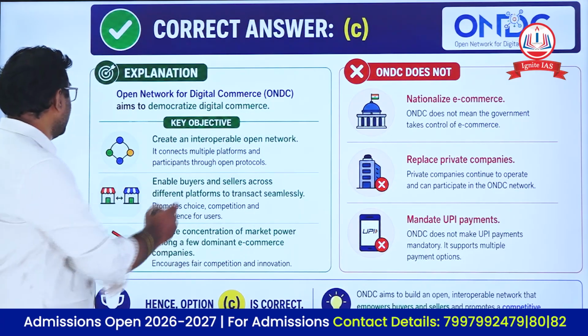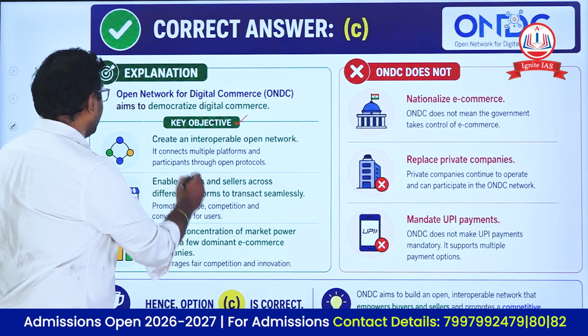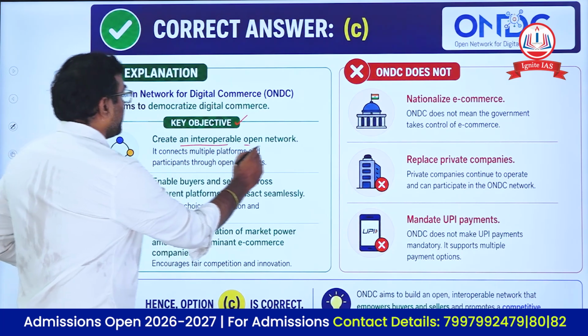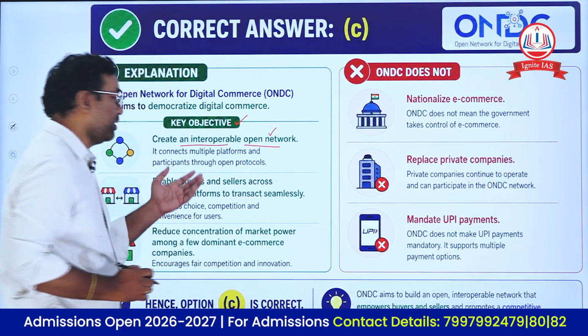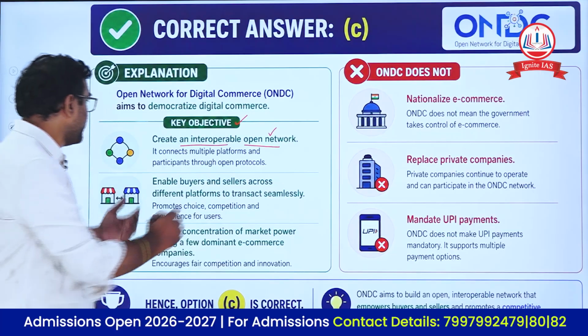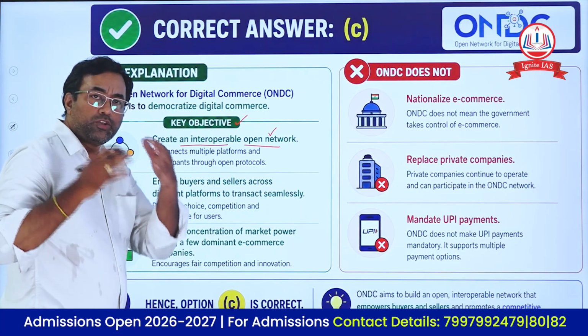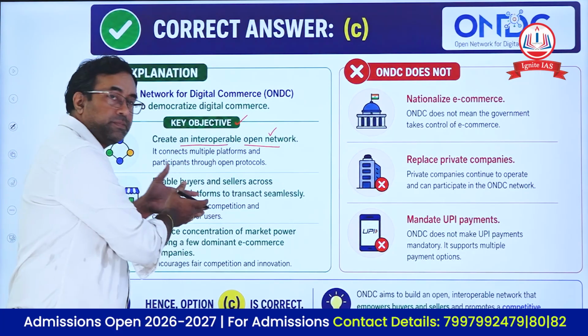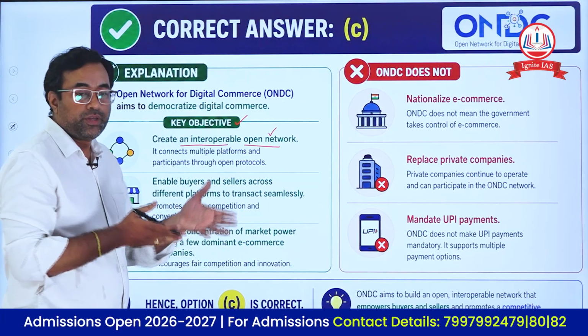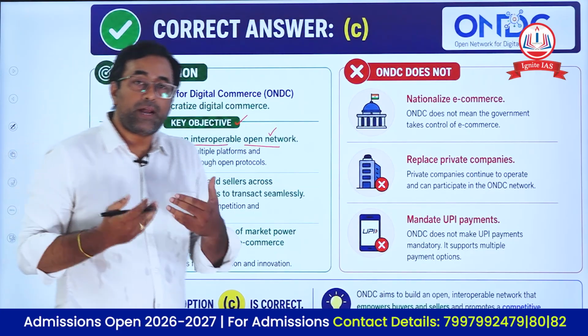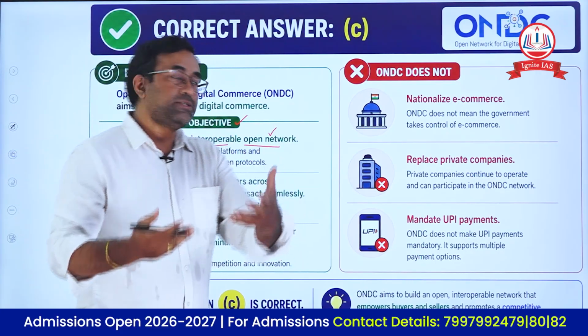Here, the key objectives of ONDC indicate it creates an interoperable open network. That means there are multiple platforms, and all those platforms can participate in this ONDC. You have your own product, your own platform, and in spite of that, you can participate in ONDC.